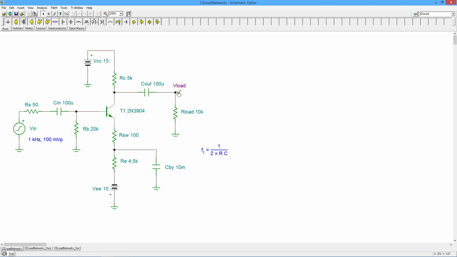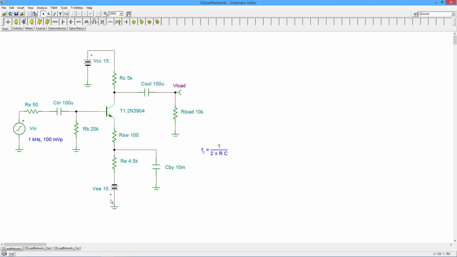We can do some quick approximations to figure out what we're expecting. If we use the approximation that the DC base voltage is going to be about 0, compare the size of these resistors, we should be able to do that. Maybe this will be minus 0.1 volts or something, but pretty close to 0.